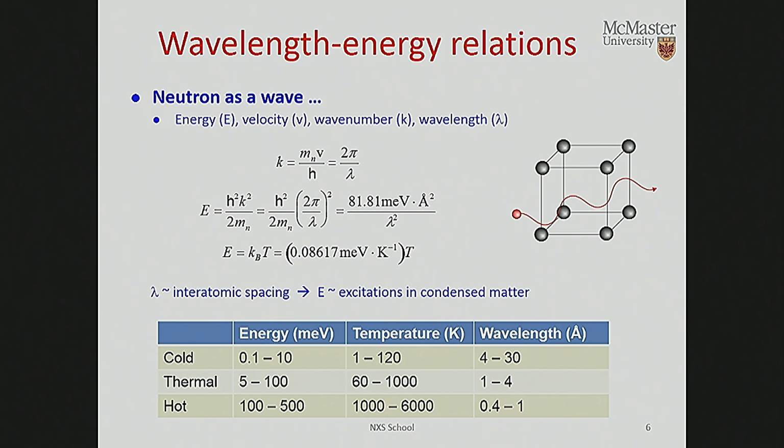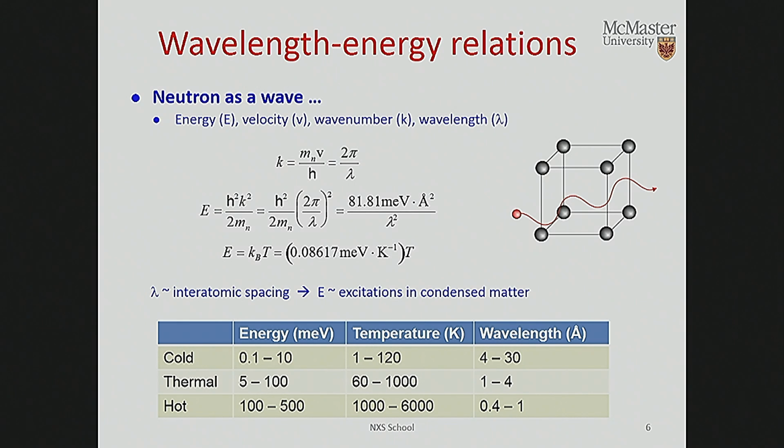Okay, and a characteristic temperature associated with a neutron is given by, if you were to invert this, a neutron with 1 millielectron volt energy corresponds to a temperature of about 11 Kelvin.